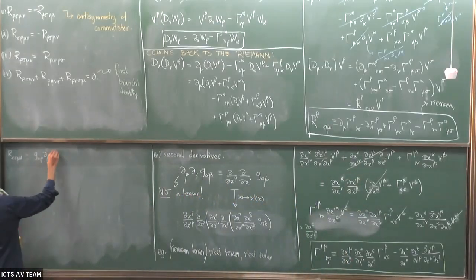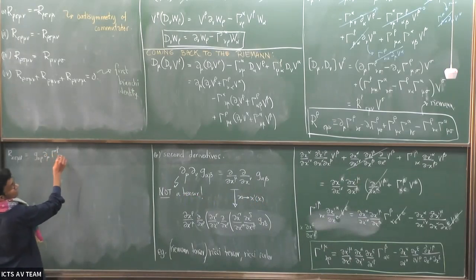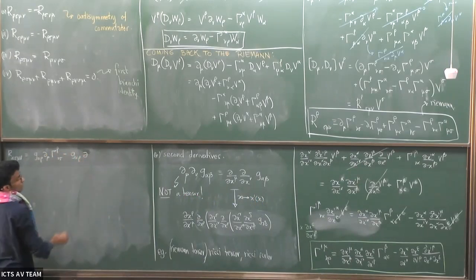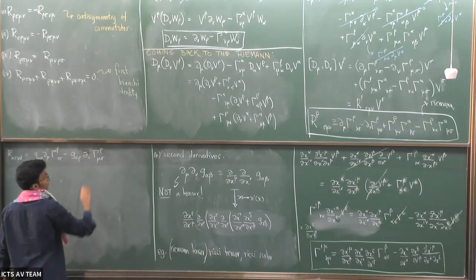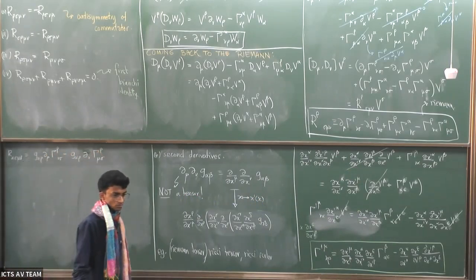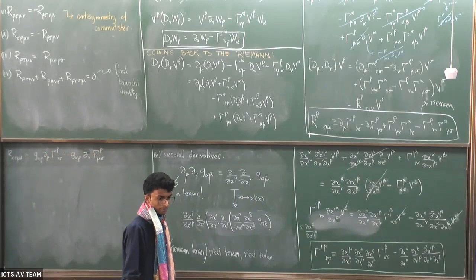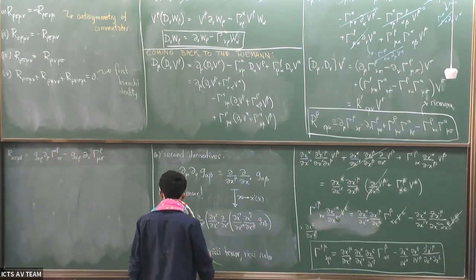Del mu gamma rho mu sigma minus G alpha rho. You want to define this?